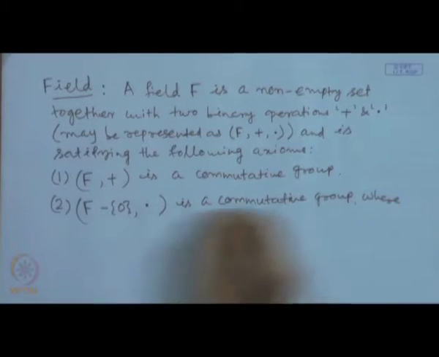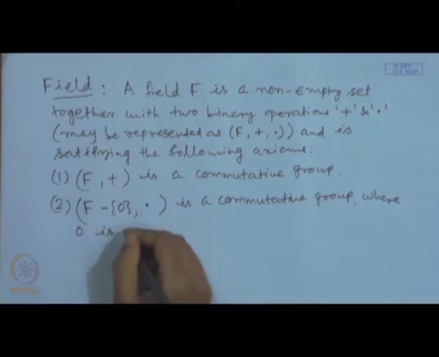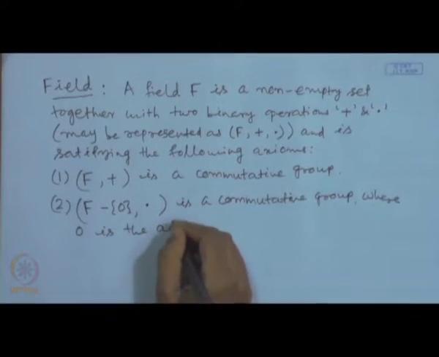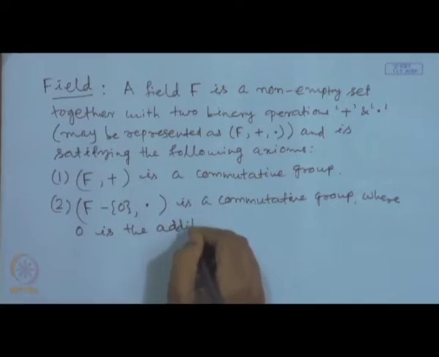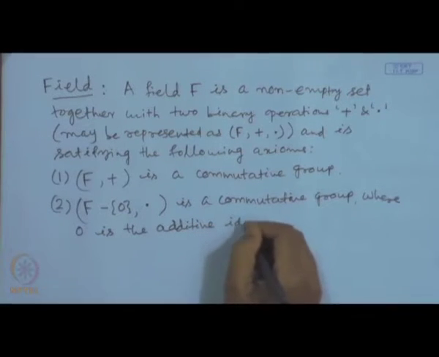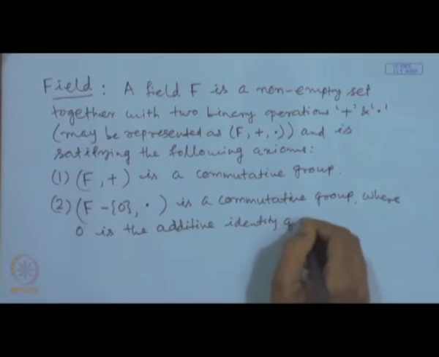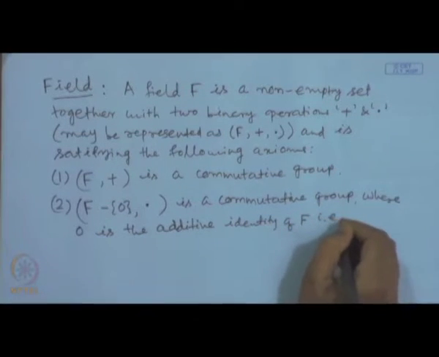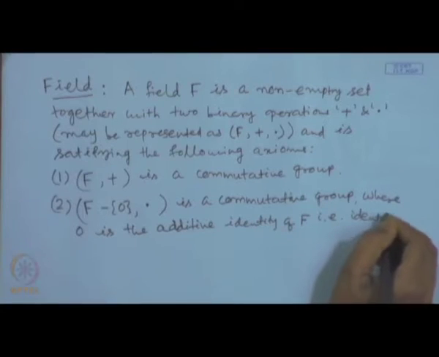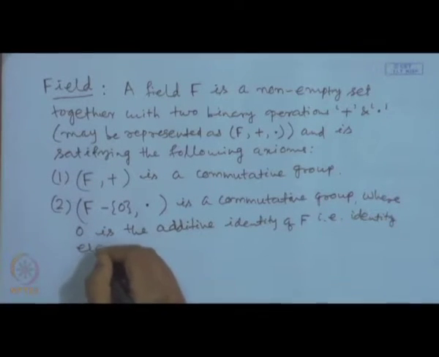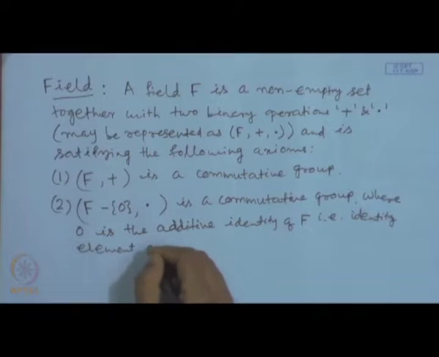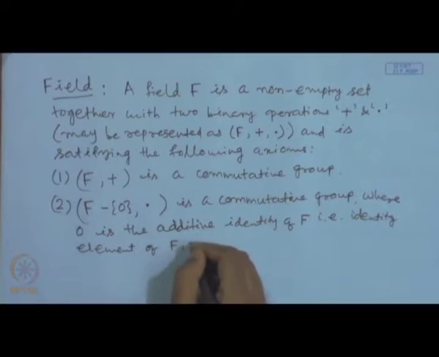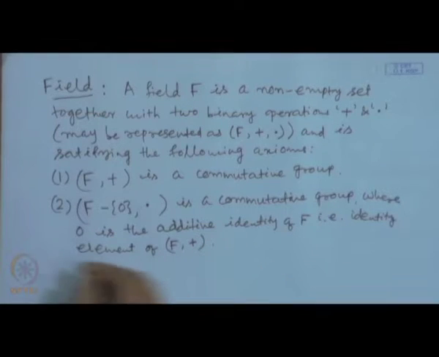Where this 0 is the additive identity of F, that is, the identity element of this group (F, plus). And third condition is also called compatibility condition.